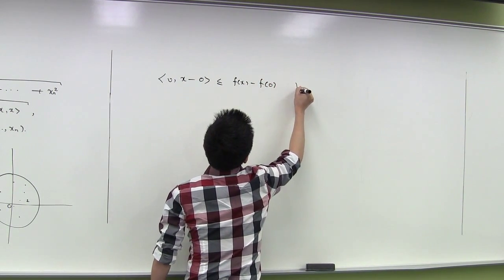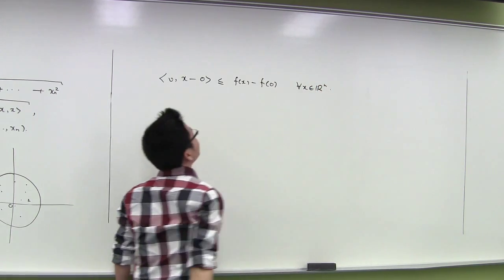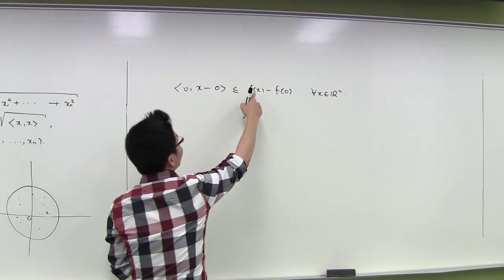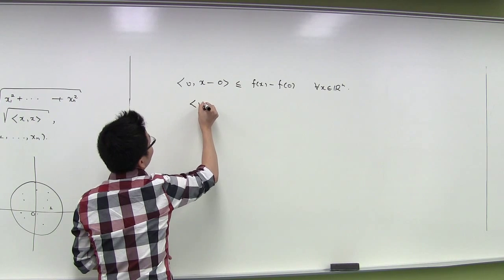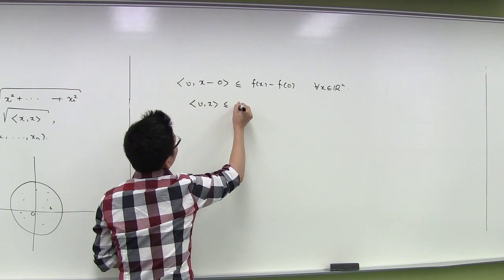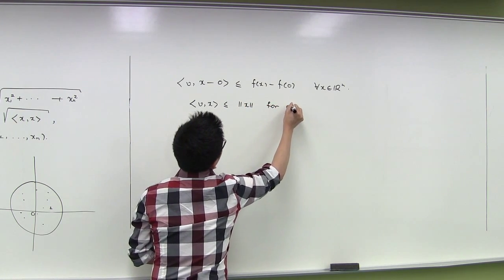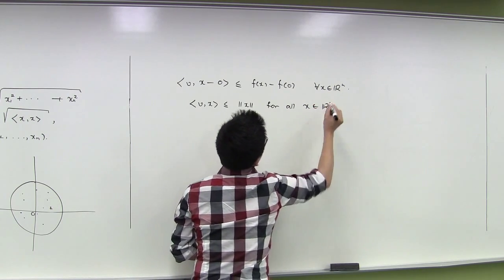This is true for all x in Rn. Now, by the definition of f of x, the inner product of v and x is less than or equal to the norm of x for all x in Rn.